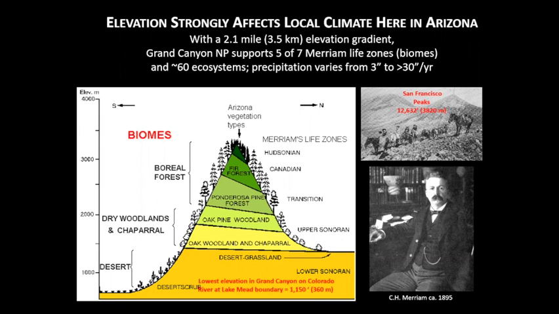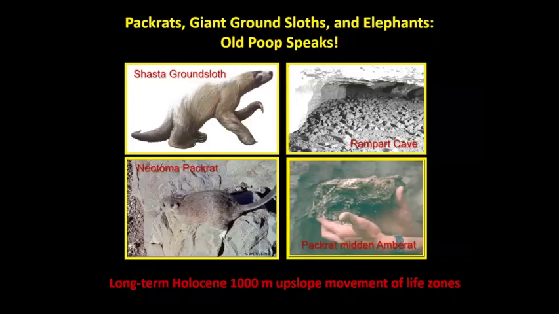So these life zones, interestingly, have not been stable necessarily over time. And we learned a lot about them by looking at the poop of various organisms left in caves and in middens. Shasta ground sloth remains in Rampart Cave down in the Western Grand Canyon, packrat middens all over the landscape.